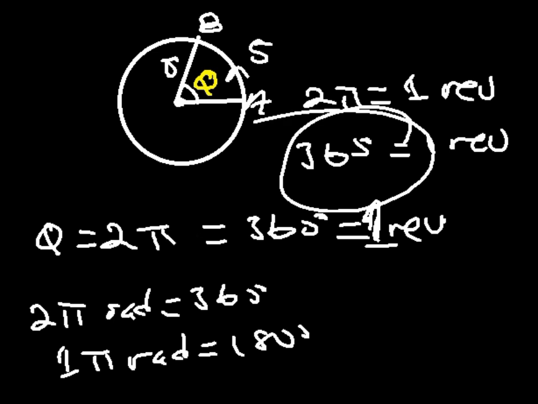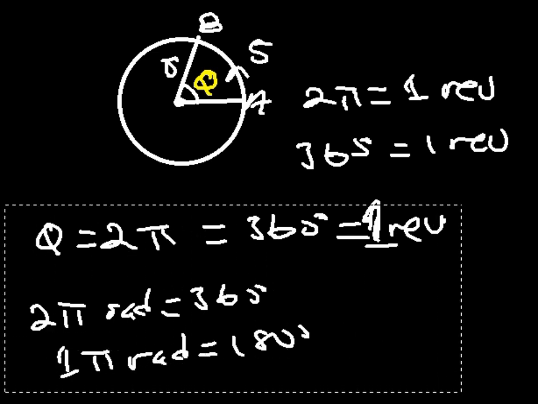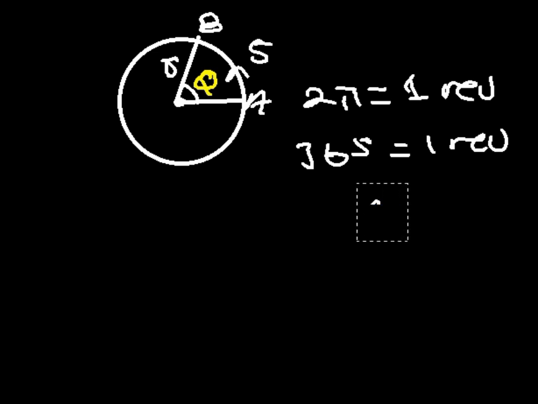So these are the conversion factors you should understand. That's how angular displacement is expressed in terms of revolutions, radian measures, as well as degree measures.